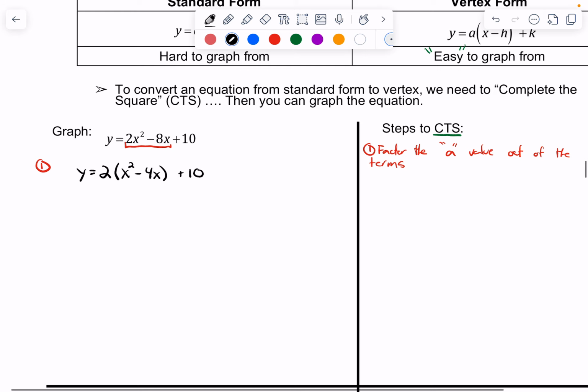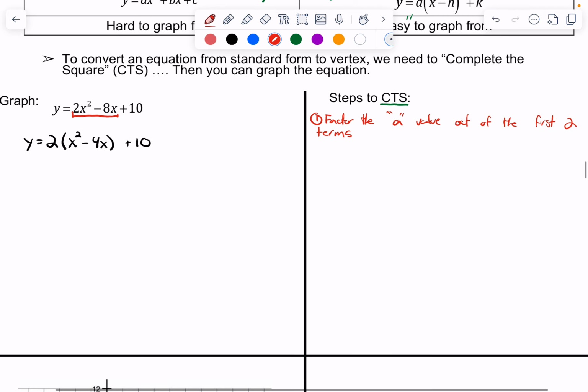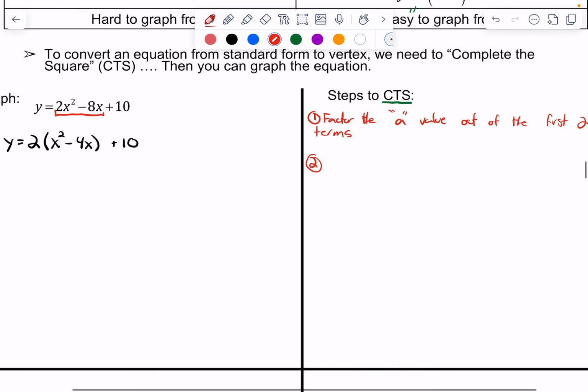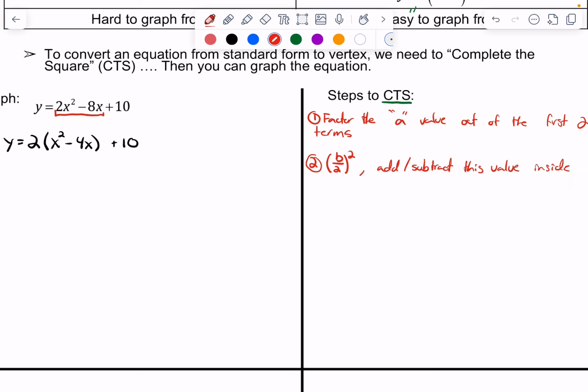Step 2 is you apply this formula, where you take the b term, the created b, you divide it by 2, and then you square it, and then add and subtract this value inside the brackets.